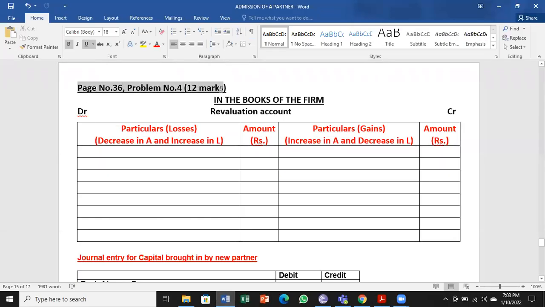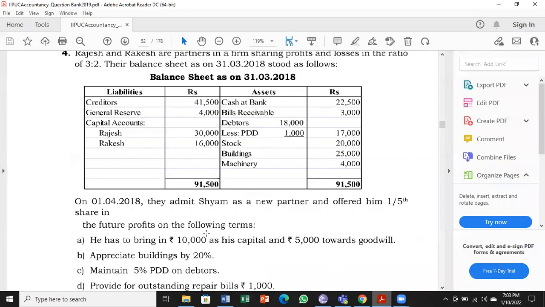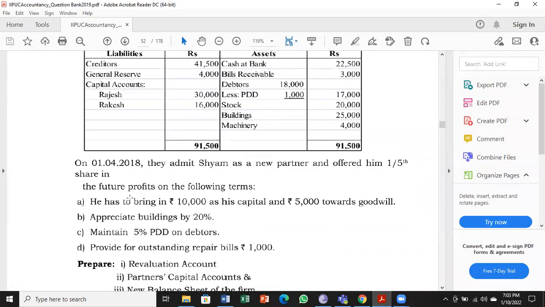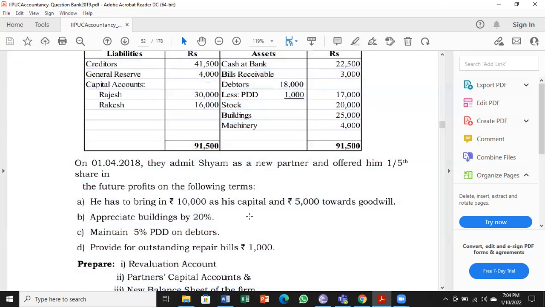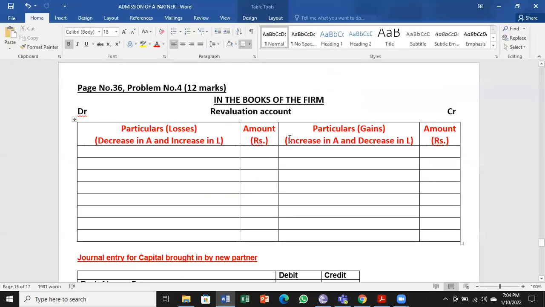Page number 36, problem number 4. A 12 marks question. I'm ready with the format. So let me get into the first adjustment connected to revaluation, that is adjustment B. Appreciate buildings by 20%. Appreciate means increase. Building is an asset, so the asset increases. Buildings is 25,000, as you can see here. So I have to take it on the credit side.